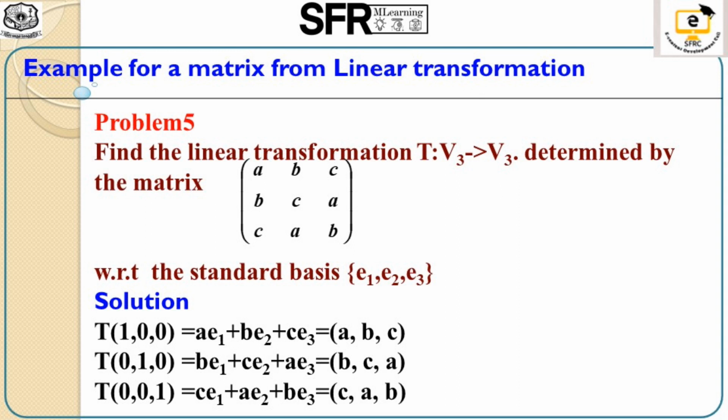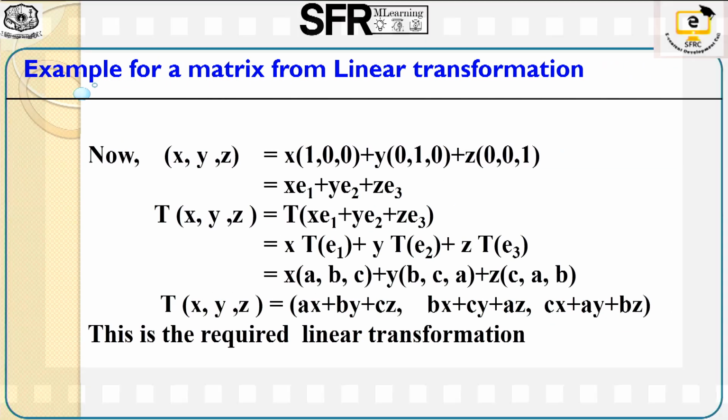We first find the values of T of (1, 0, 0), T of (0, 1, 0), and T of (0, 0, 1). Next we take x, y, z. Write (x, y, z) as x into (1, 0, 0) plus y into (0, 1, 0) plus z into (0, 0, 1), that is x E1 plus y E2 plus z E3.